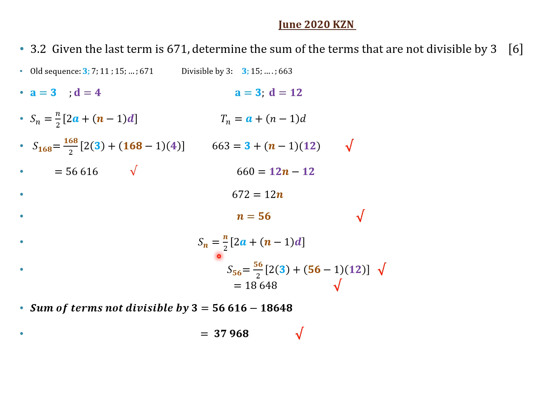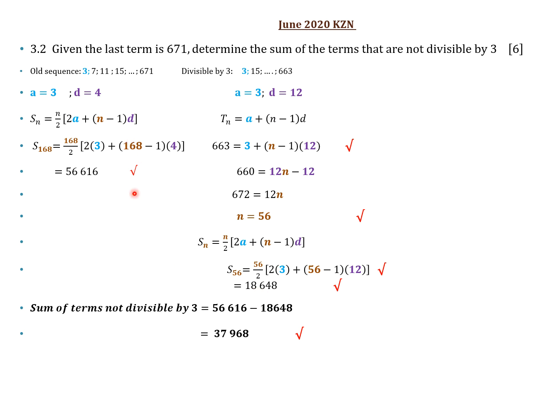So I work out the sum to 56 terms because I have 56 terms that can divide by 3. 56 divided by 2, 2 times 3, plus 56 minus 1, D is 12. Right, if we simplify that, we get 18,648. So all the values that can divide by 3 total 18,648.